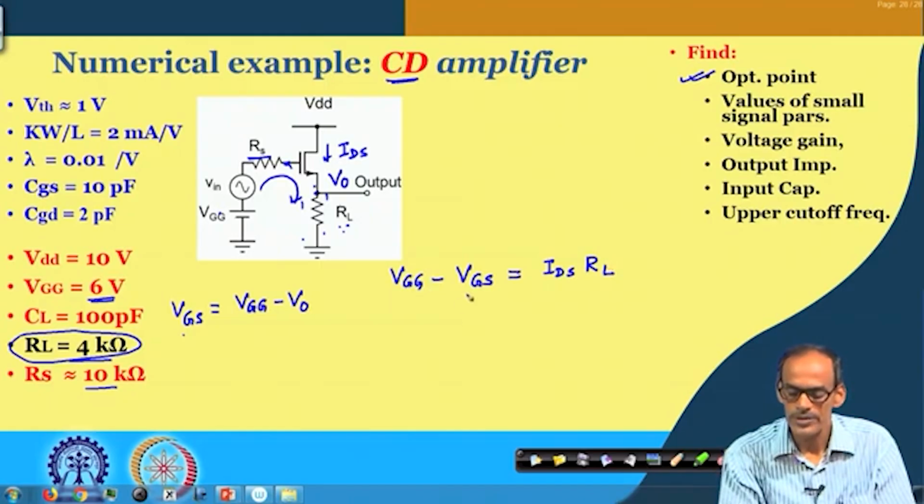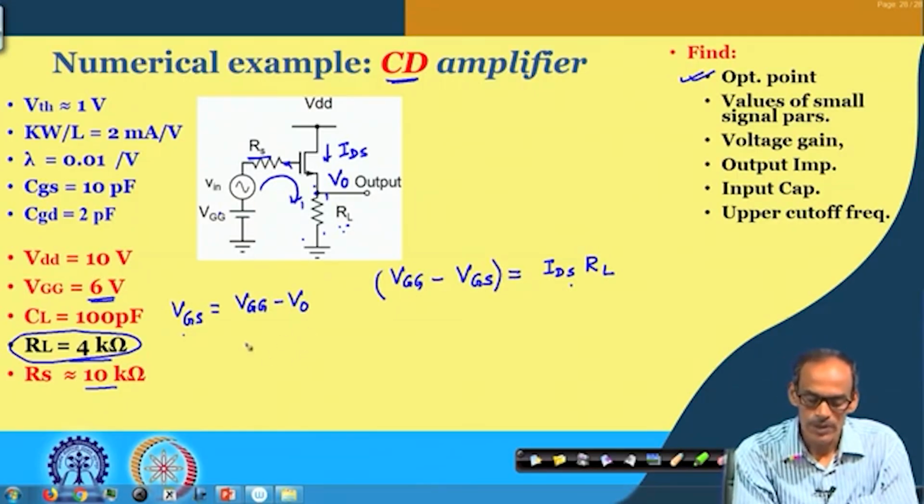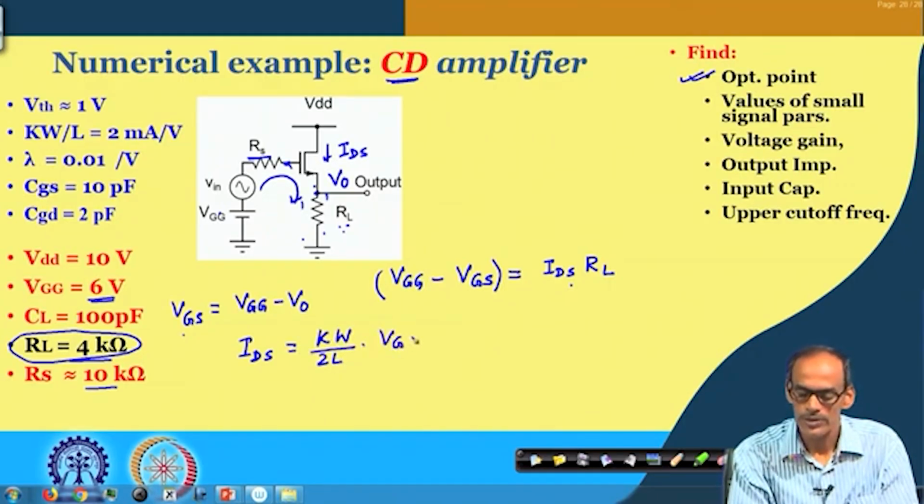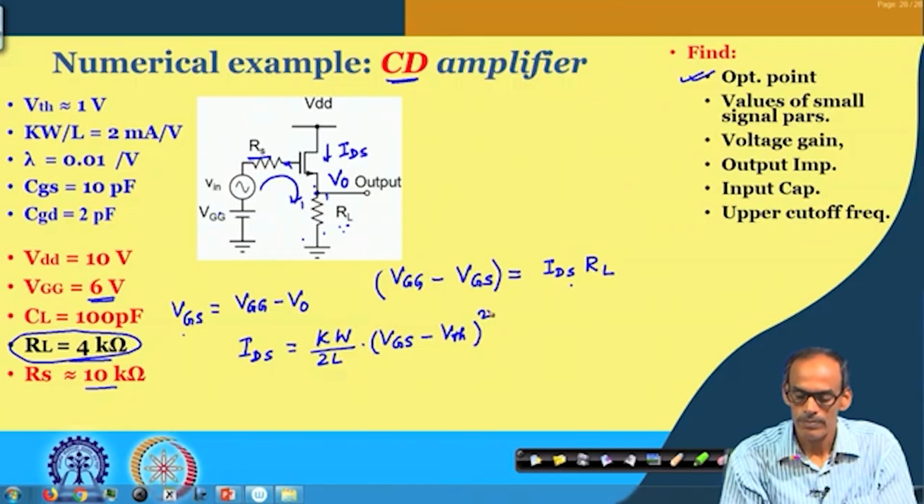On the other hand, I D S equals K W by 2 L multiplied by V G S minus V T H square.